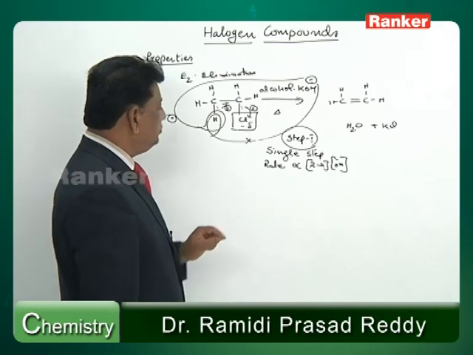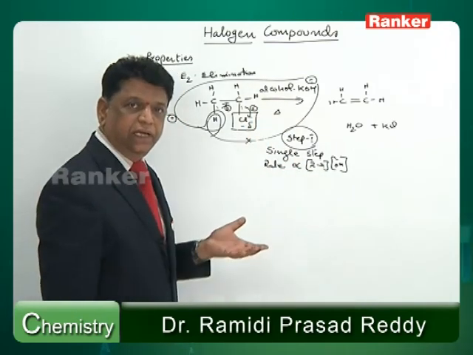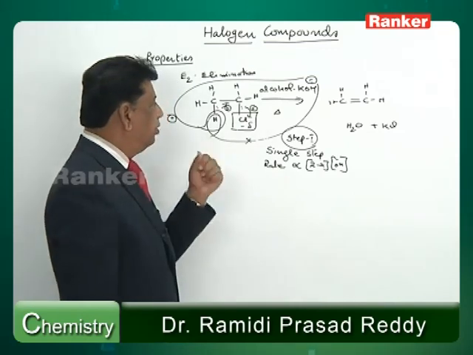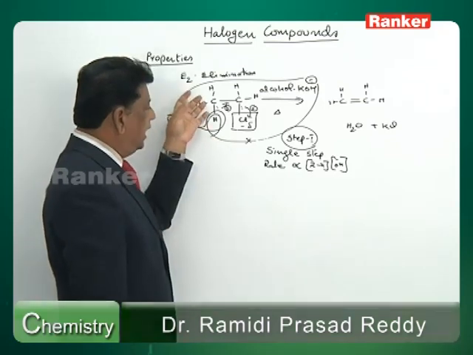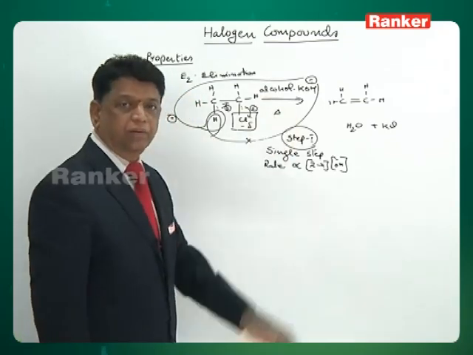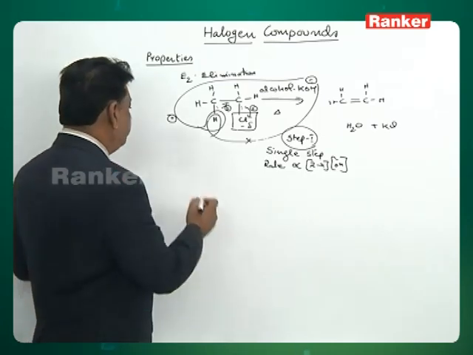If I increase the OH concentration, the reaction will become faster because more number of collisions will be there. More alkyl halide concentration, then also the reaction becomes fast. That's why it is called a bimolecular elimination.